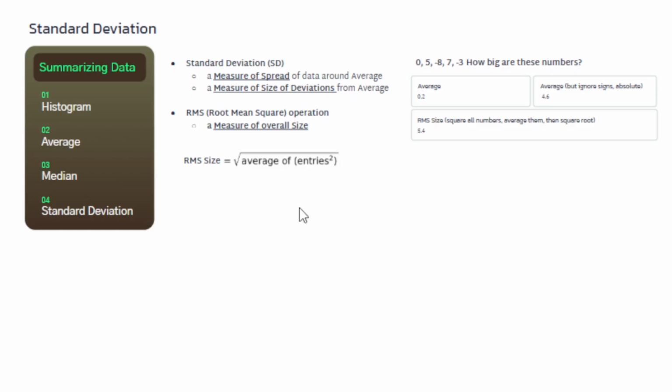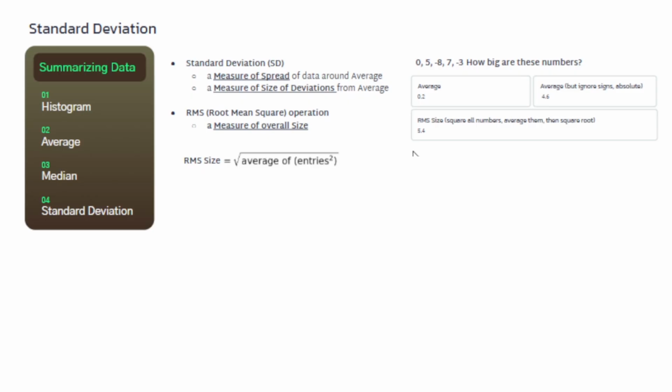So let's get back to our simple list again. If you take the average by ignoring the signs, only the absolute values, you get 4.6. And if you now take the RMS size, so square all the numbers and then average them out and then take the square root, the result would be 5.4.